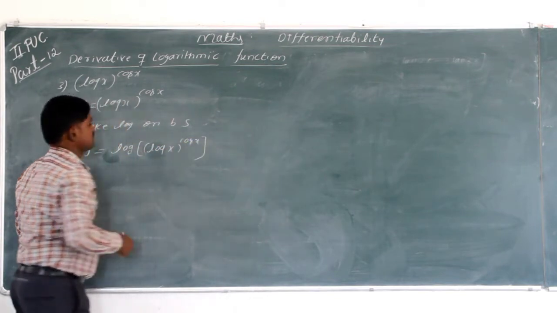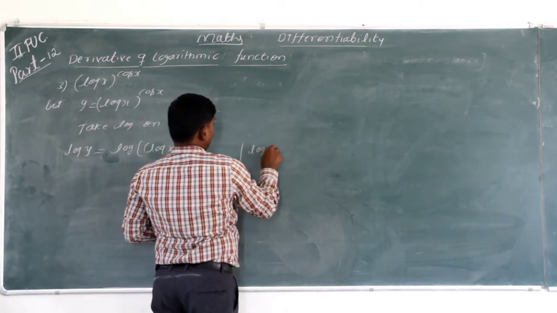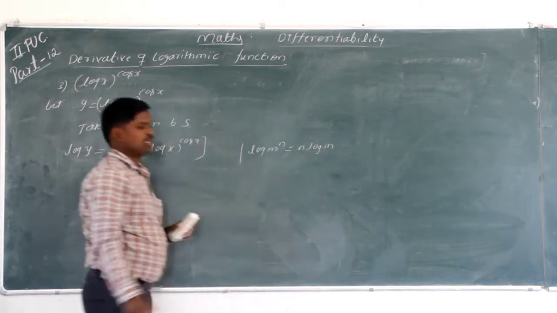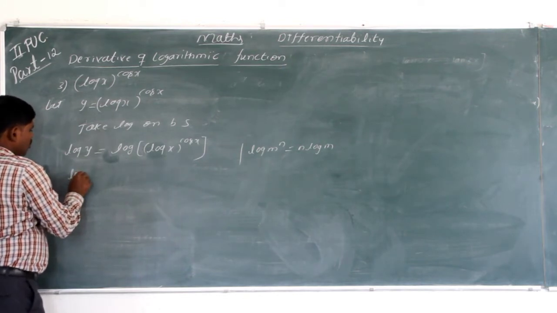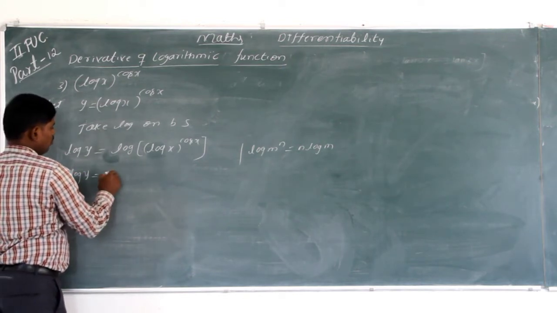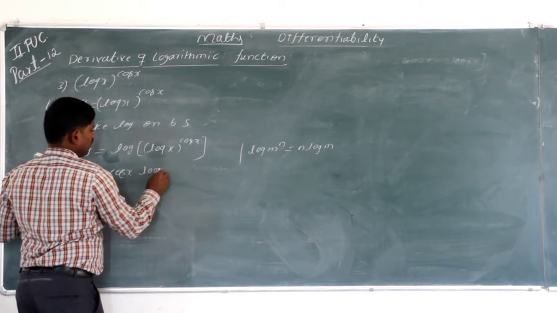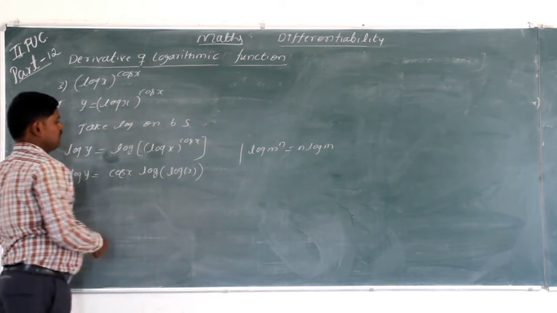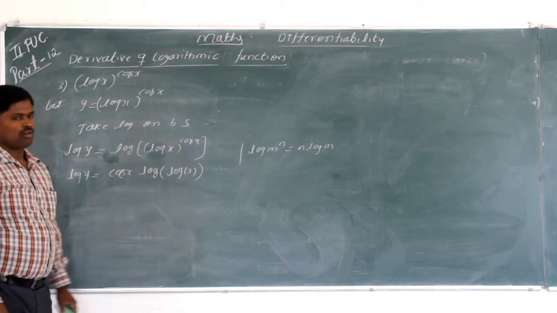By the properties of logarithm, you know that log m to the power of n can be written as n into log m. Using that property, this can be written as log y is equal to cos x into log x.